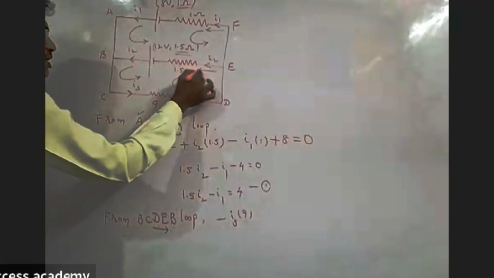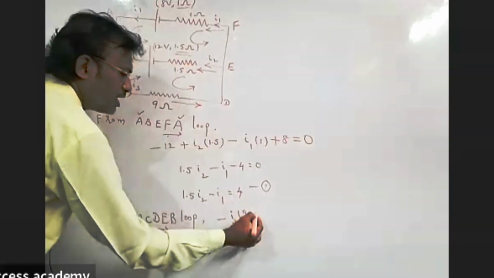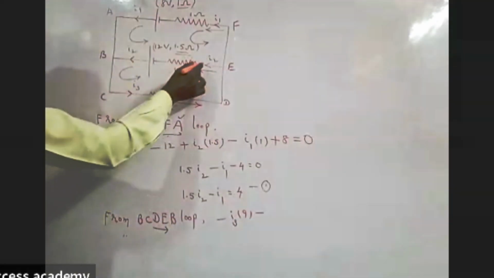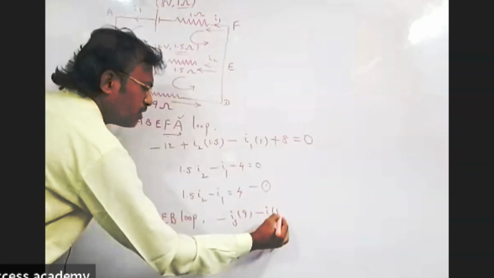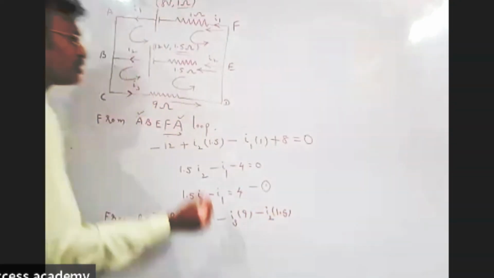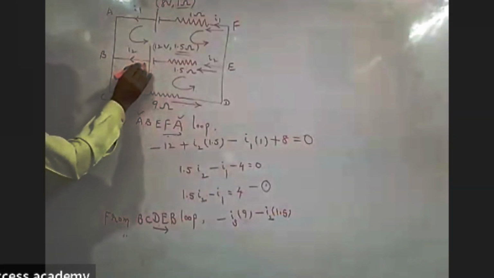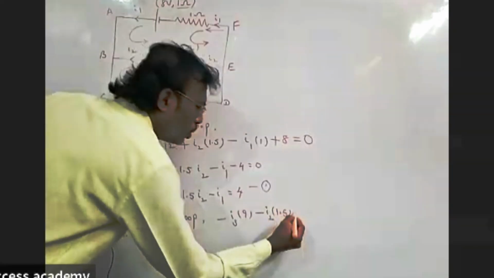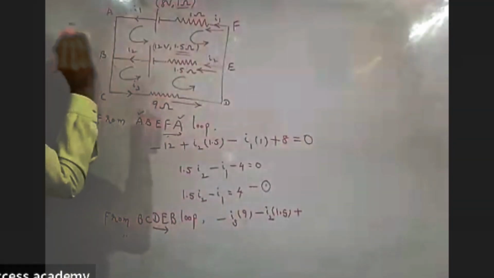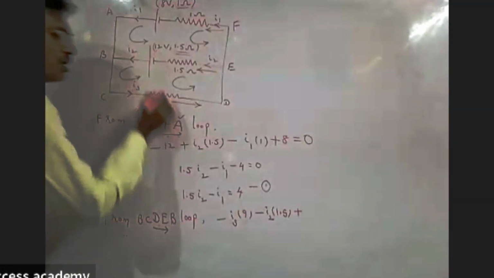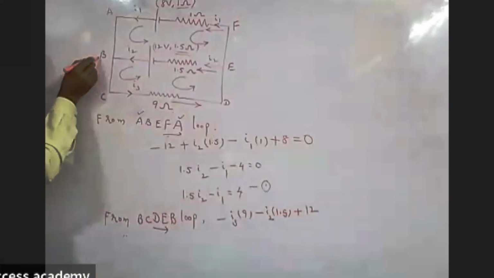You are moving in the direction of EB, and the current is also in the same direction, so minus again. The current is I2 and the resistance is 1.5. Then move from negative to positive, meaning low potential to high potential, so that is positive. The potential is 12, that is the EMF, and you reach B.